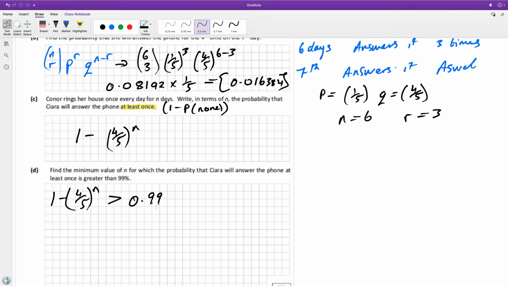Algebra revision. Algebra, so I get n on its own. So move figures around so we get n on its own.